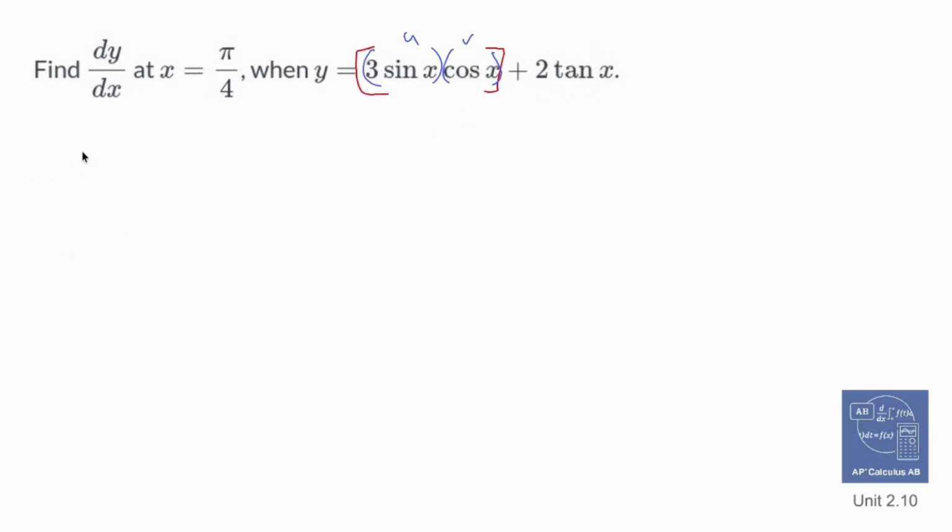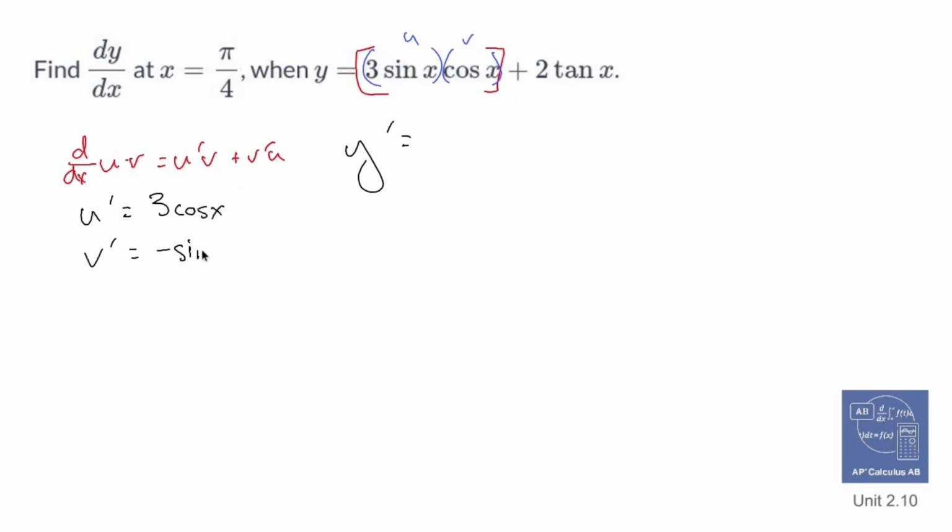Let me remind myself that the product rule is the d dx of u times v is u prime v plus v prime u. If I called u 3 sine x, then u prime is going to be 3 cos x. v prime is going to be the derivative of cosine, which is negative sine x.